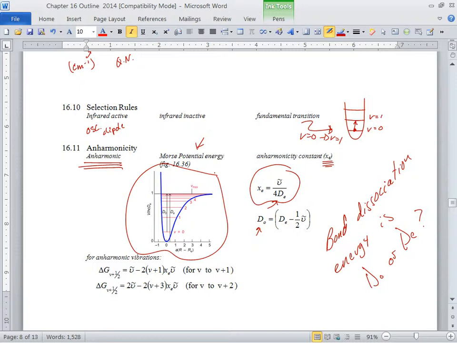It's just how deep the well is, the depth of the well. It really doesn't mean anything. What means something is DO, because that's the energy that you have to apply, correct? Because you can't get any lower than the ground state. That's at V equals 0, and that's where DO starts according to this plot. So the bond dissociation energy is the depth of the well minus 1/2 wave number.